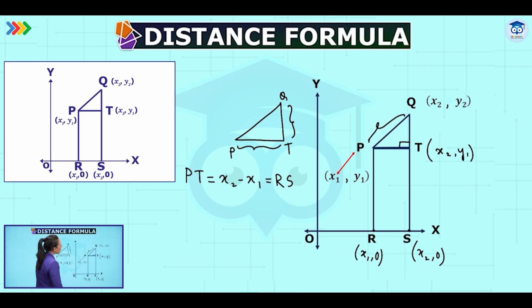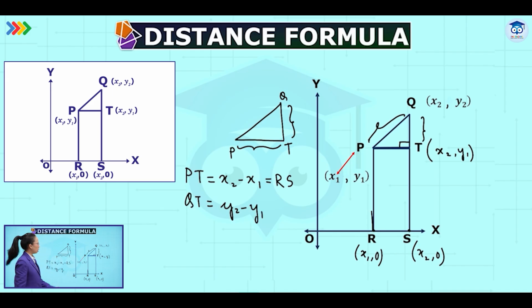Now, let's talk about this distance. So when we look at this, we are calculating this much length minus this much. This is y2, and this here is y1. So the length of QT is y2 minus y1.